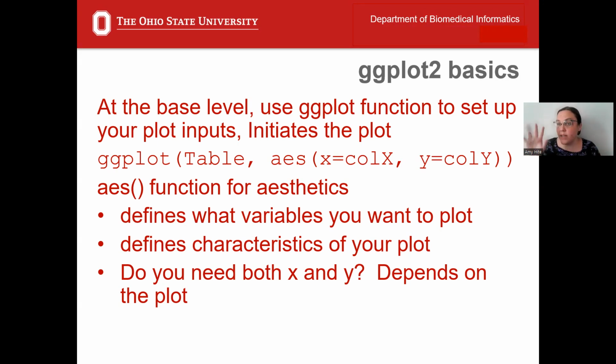Whether you need both an X and a Y depends on the plot, and we have examples for all the different types of major plots in ggplot, listing what each one needs to be. So ggplot, the main function, is going to initiate your plot. All it needs is the table and the aesthetics specifying the X and Y column.